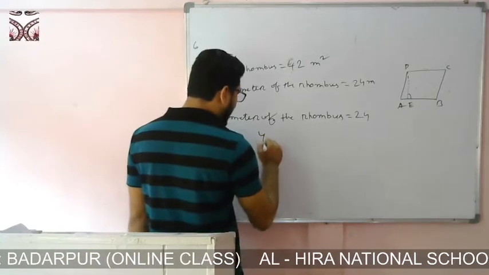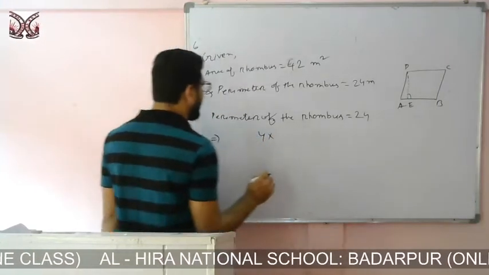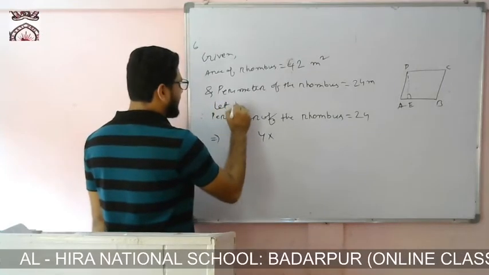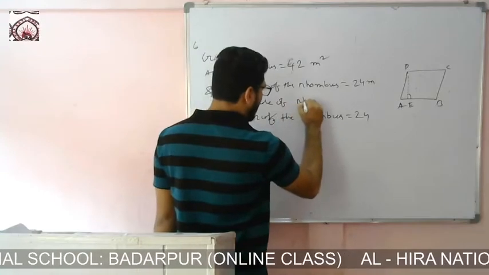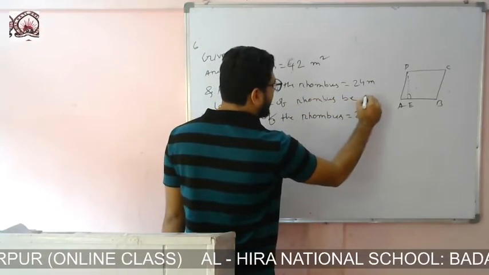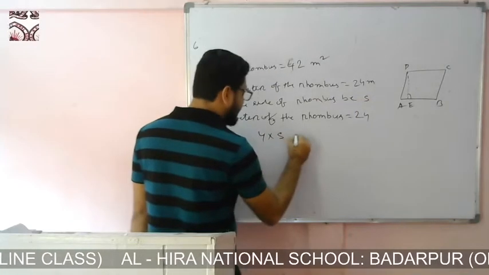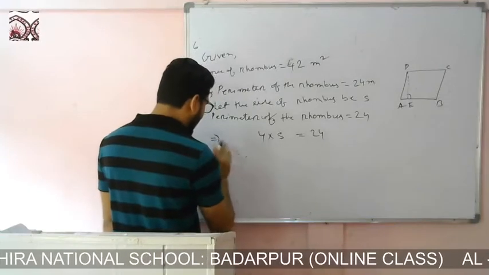The sides are equal, so write 4 into side. Here let the side of the rhombus be s. So 4 into s will be 24. So from here you can find what?